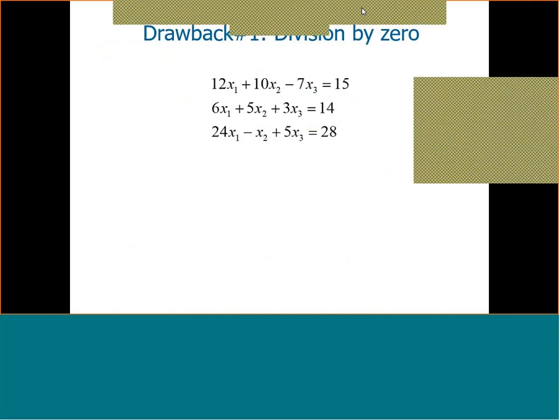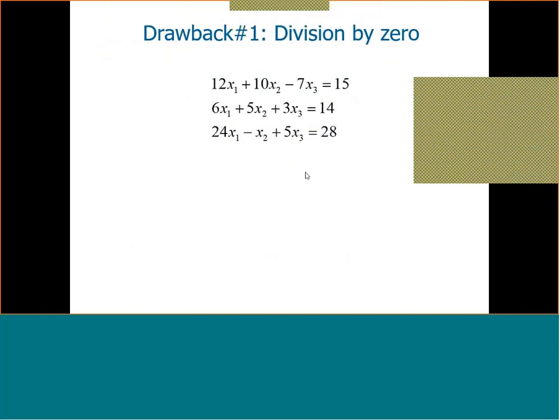Do you mean finding the inverse of the matrix? If I understand you correctly, maybe you want to solve the equation as such. It is AX equal to B. So you want to find, sorry, X is equal to A inverse times B. This is what you meant?